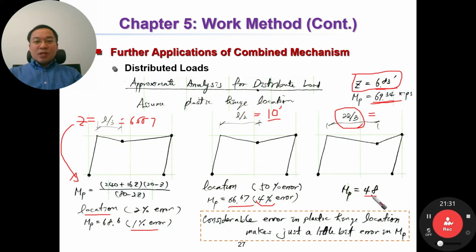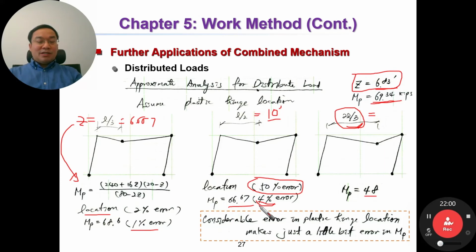So we can calculate the errors here. Of course we would never assume this one, just assume at the middle or somewhere. But even though the error of the location assumption is 50%, the error is very small, just 4%.